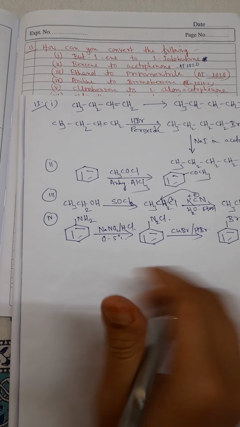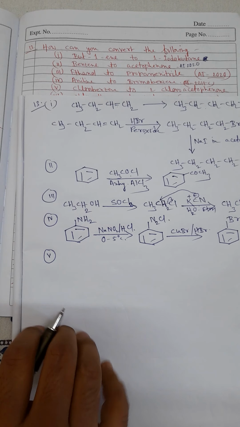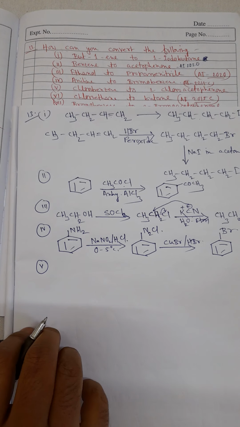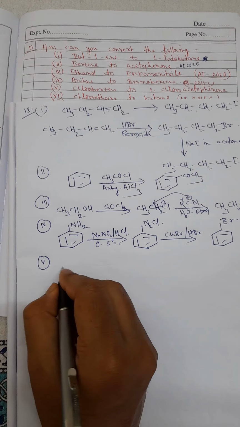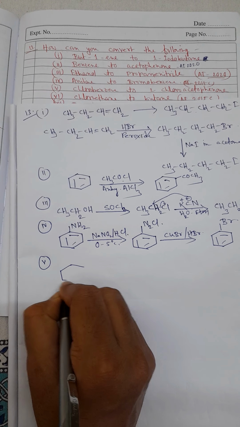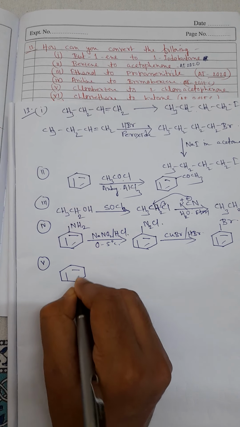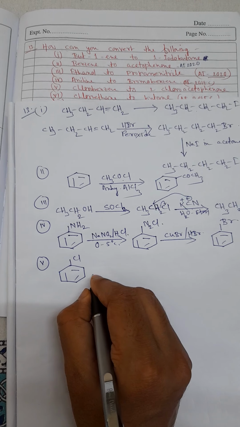The next question is question number 5, chlorobenzene to 2-chloroacetophenone. This one is chlorobenzene.